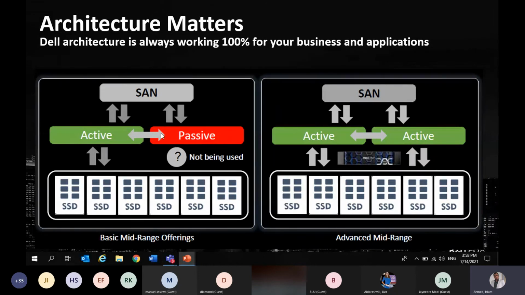You don't have one controller standing by, waiting for the working controller to fail and then starting to work, not being used most of the time. With Dell ME, if you have two controllers, both are working all the time. In case one of them fails, the other will take care of the system, but most of the time you have two controllers working around the clock.